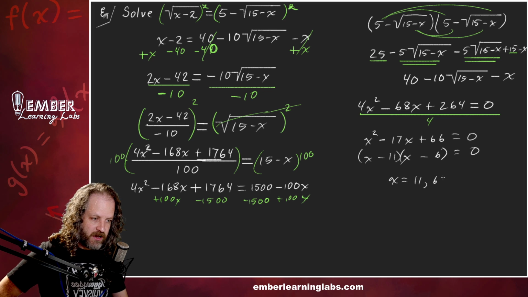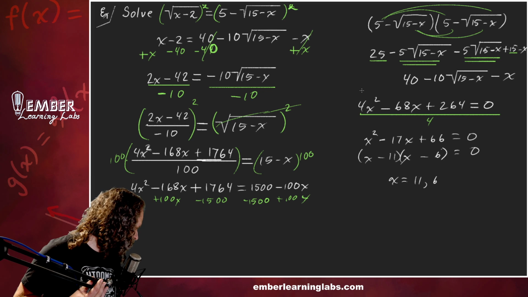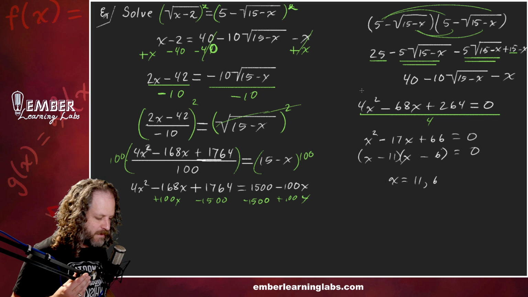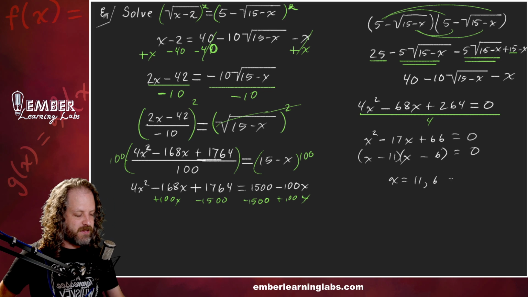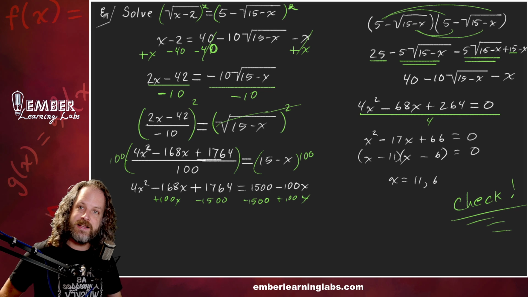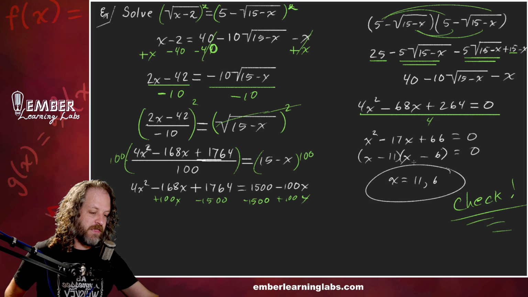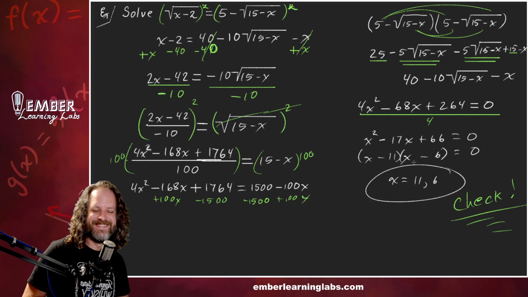To check those, you punch them back in there. I will save you some time and trouble, and I'm going to put check here with an exclamation point so that you remember that that's what you're supposed to do. When you check them, they actually both work. So that is that for that.